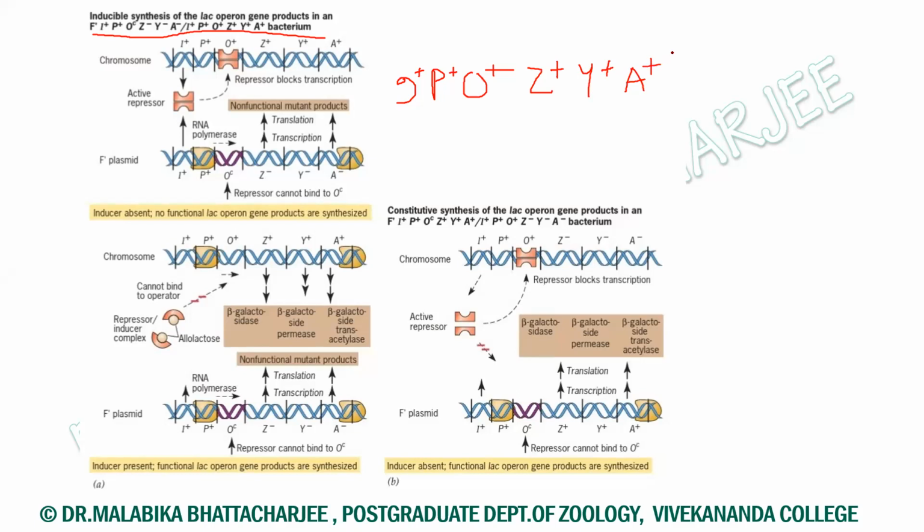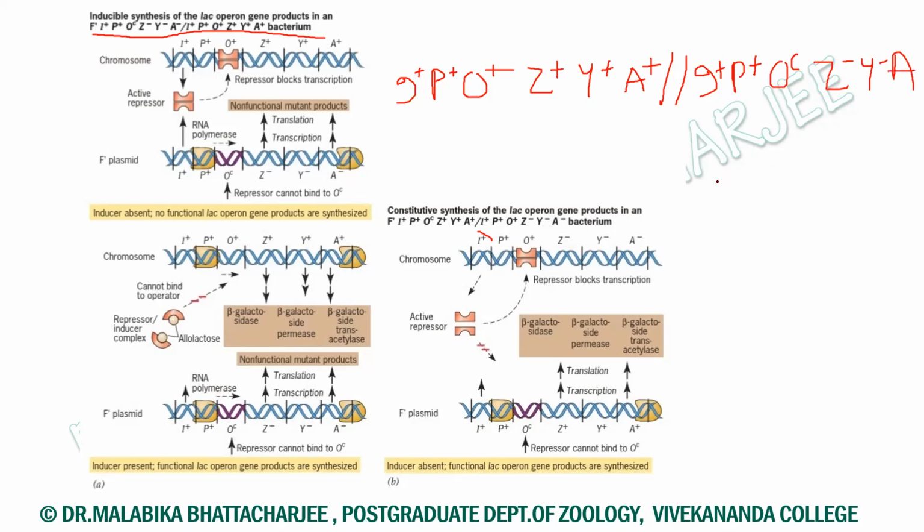And on the other hand, we have I plus P plus OC Z minus Y minus A minus. Okay, so this is the problem.